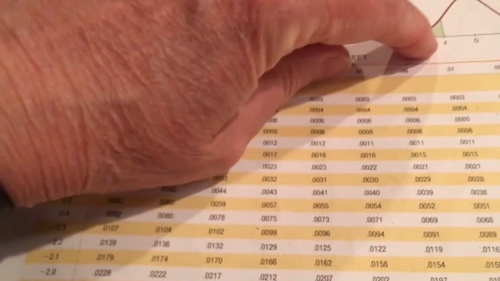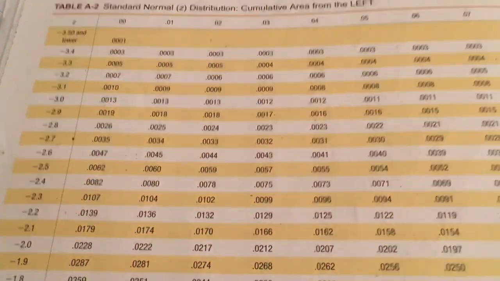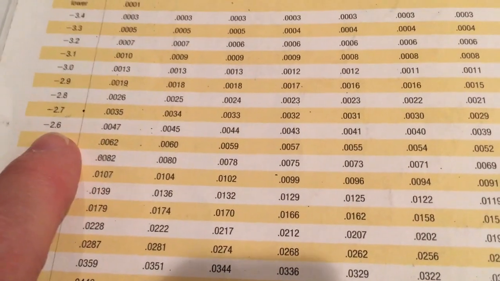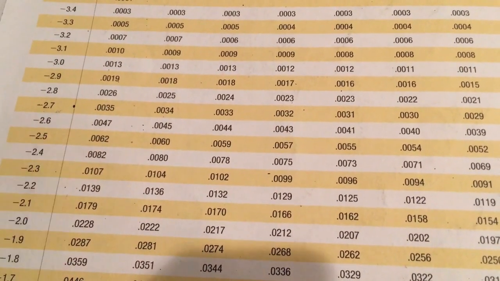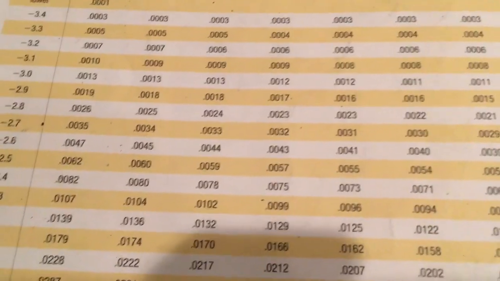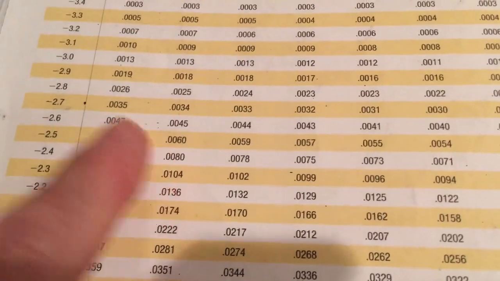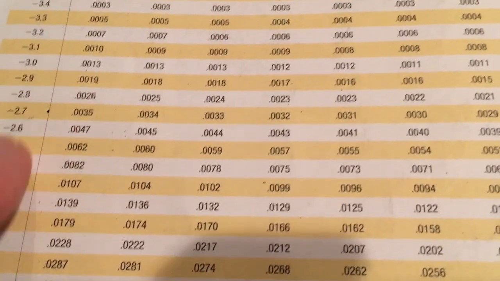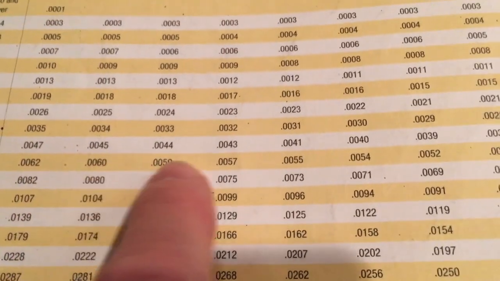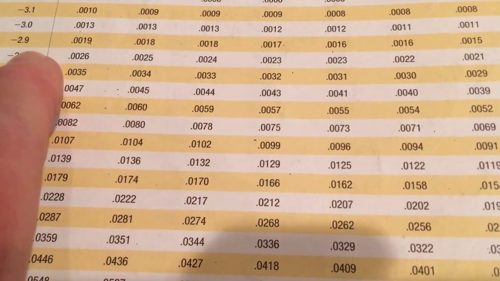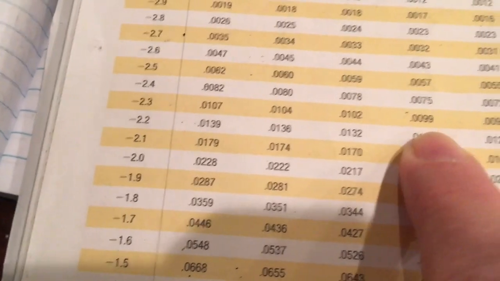I want the area to be 0.01 because of the 1% alpha. And since it's a left-tailed test, the alpha will be in one tail. So I'm going to have 0.01, and when I look at it, it's going to be right there.